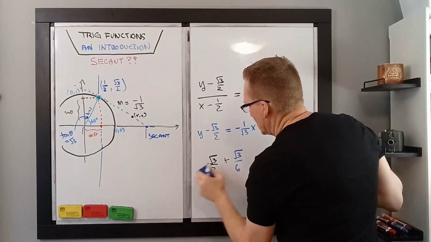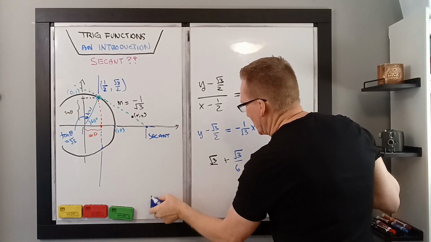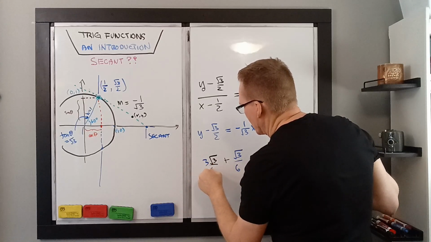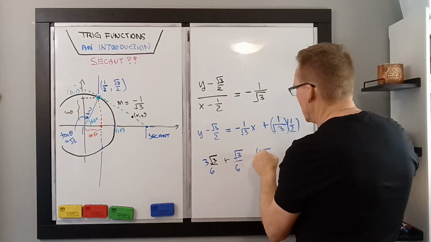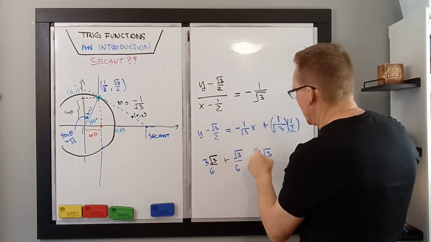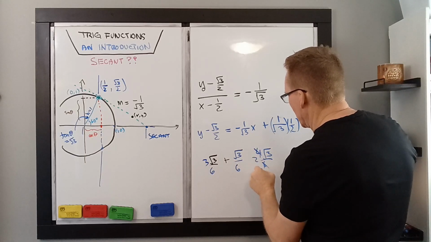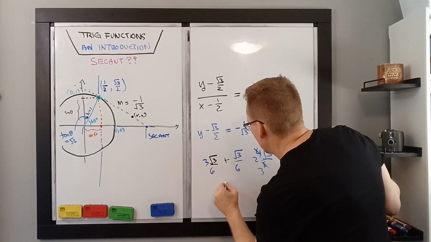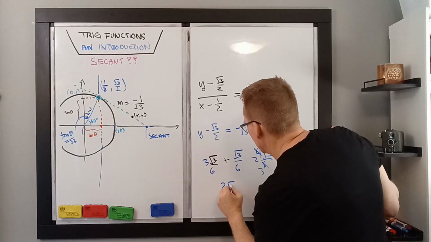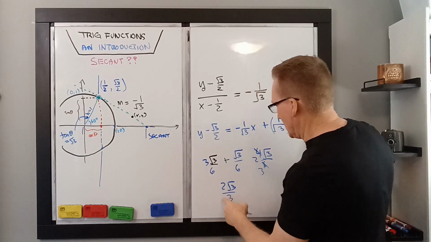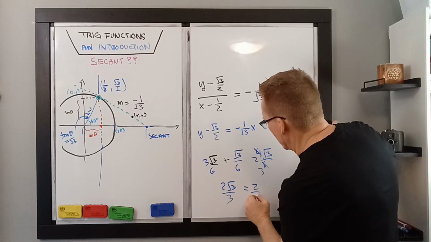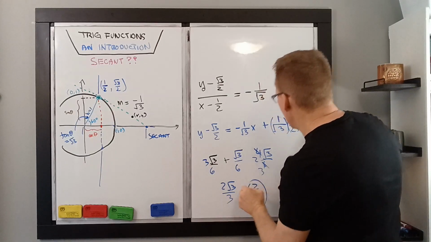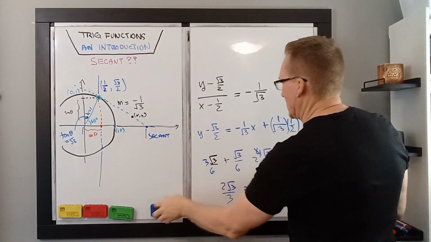This could be multiplied top and bottom by 3, giving 3 root 3 over 6. So adding these up, I get 4 root 3 over 6. Cancel that with that, and I get 2 over 3. So I'm left with 2 root 3 over 3. And if I wanted to, again, I can divide this out and make this 2 over root 3. It's a lot of mess there, but that's what these two terms add up to.